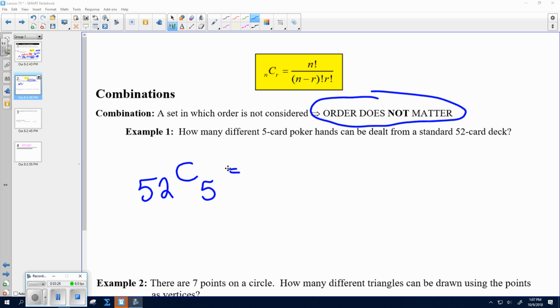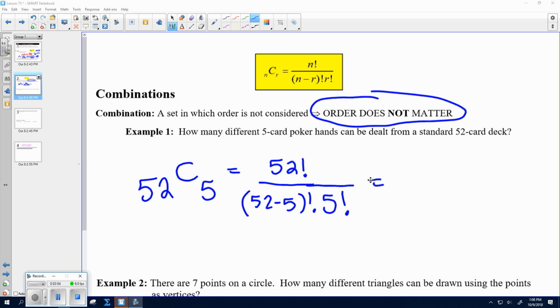Always the bigger number is n, and then it's out of 5 that you're picking. So on the top I have n factorial, that's 52 factorial, divided by 52 minus 5 factorial. And we're dividing by another r factorial. This is going to take out all those ones where a combination of cards is the exact same thing and the order doesn't matter. All right?